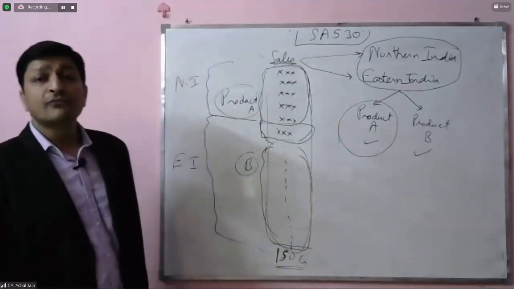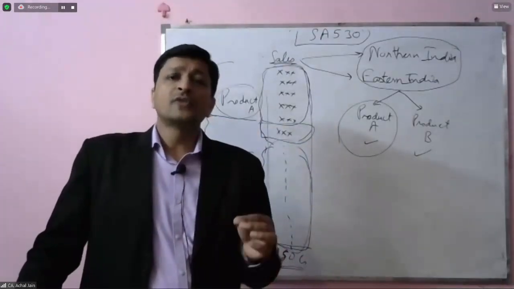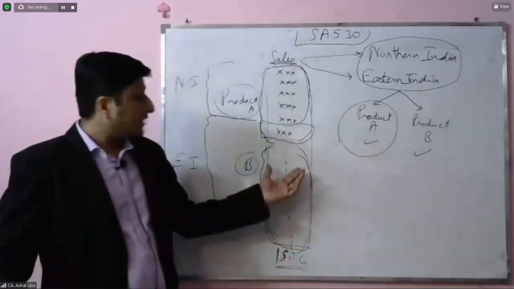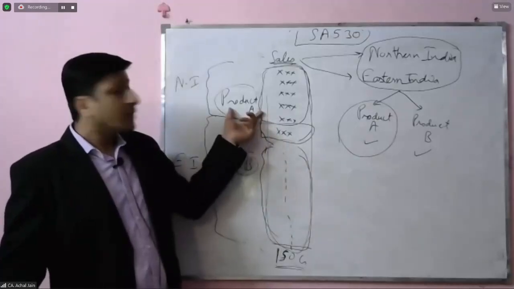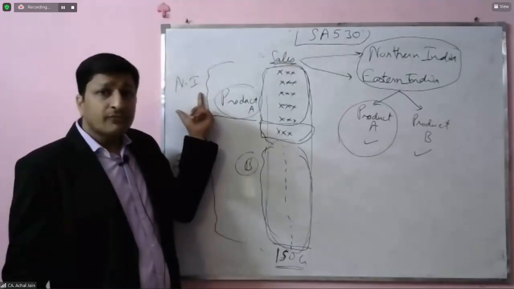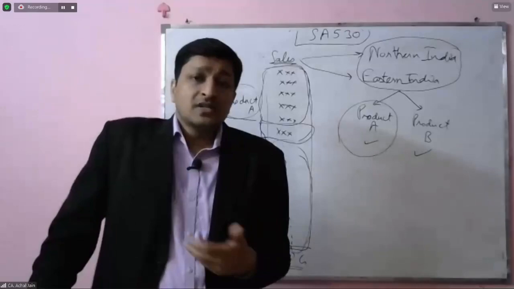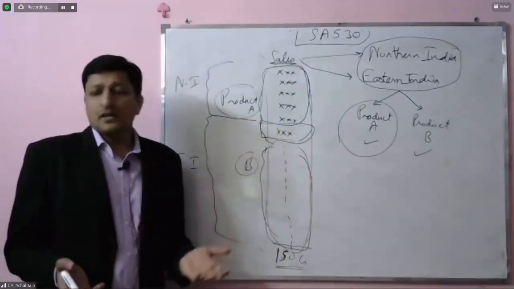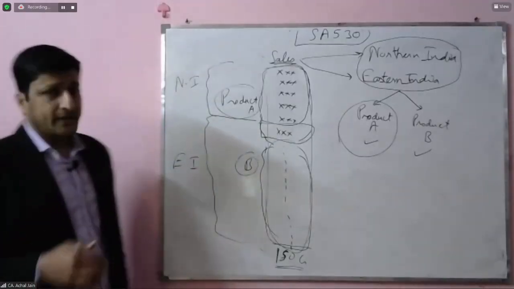What do we mean by top 5? Means 5 sales transactions of the highest amount, which can be picked up for the entire population, or for product A top 5, product B top 5, then this region top 5, this region top 5. And again, this 5 is not a fixed number. This is only illustrative, only an example that I'm sharing with you. But very commonly, this becomes the criteria.